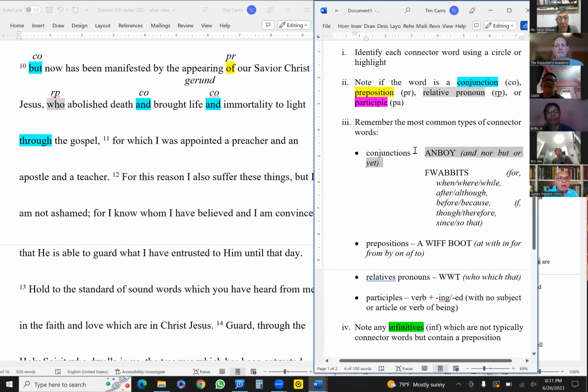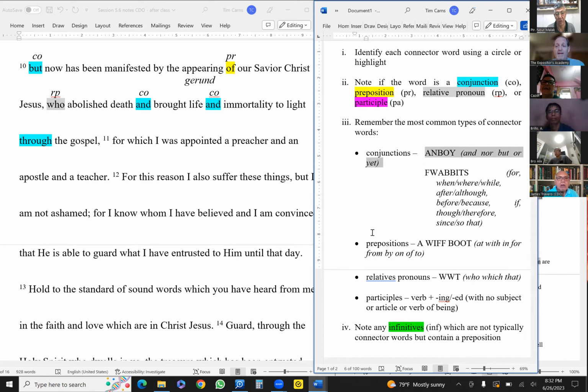Notice we don't see it on the list. Now, it still could be a conjunction, but here's the thing. If it is a conjunction, it's not coordinating, because notice and, boy, right? Through is not one of those. So if it is a conjunction, it would be subordinating.